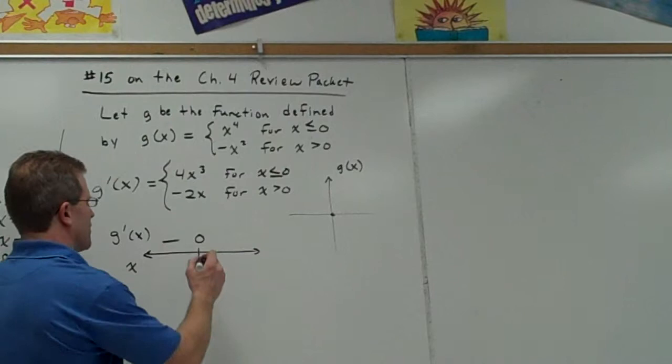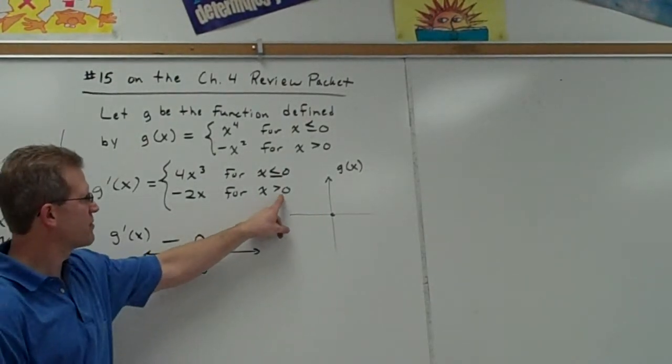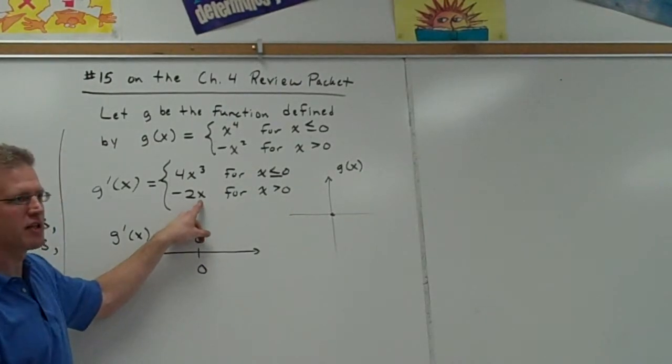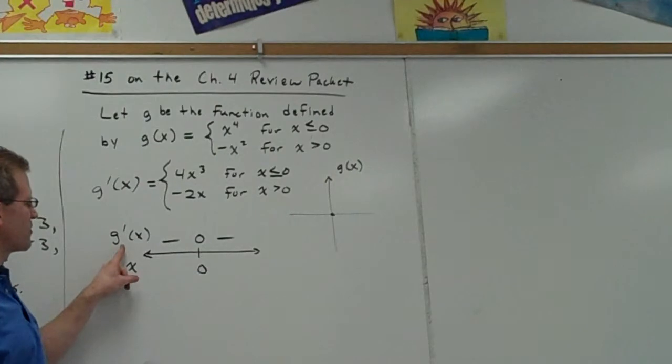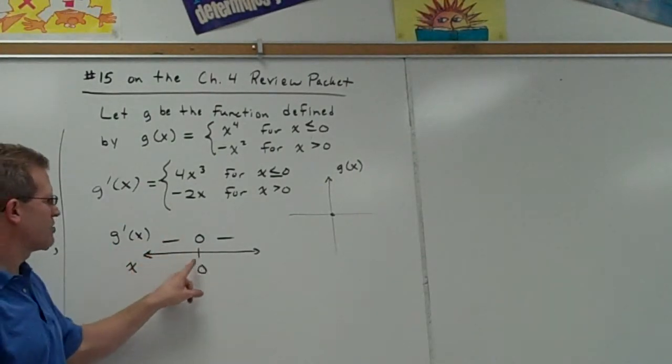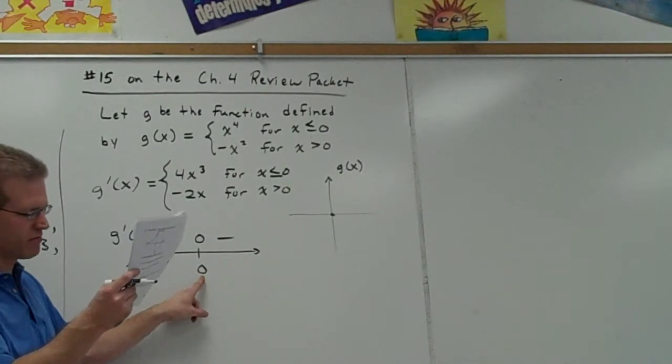Negative. If you put a number in bigger than 0, like 2, it would go in the bottom equation. Put a 2 in here, what would you get? Negative. So it looks like the first derivative is negative at all values except x equals 0. So part C would be true.